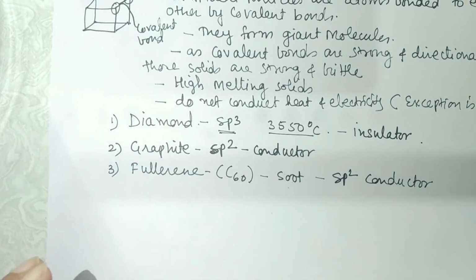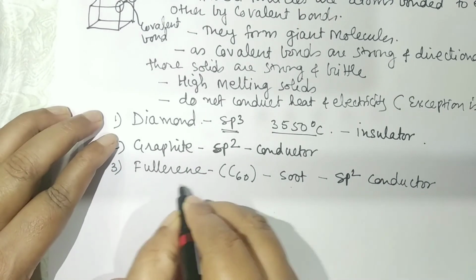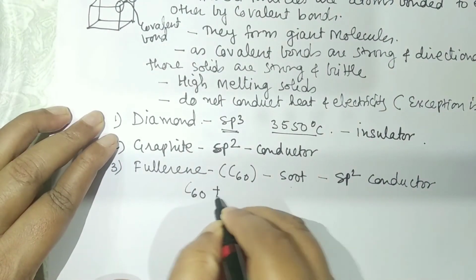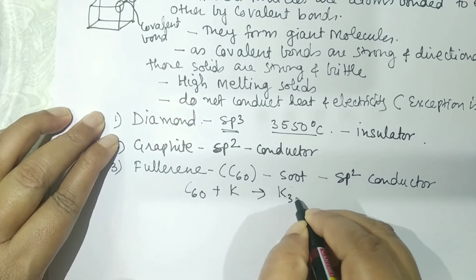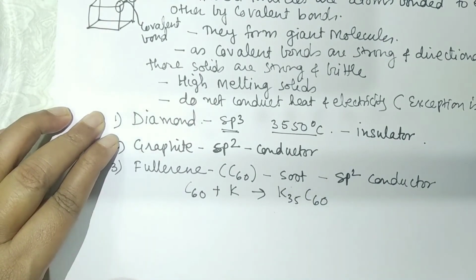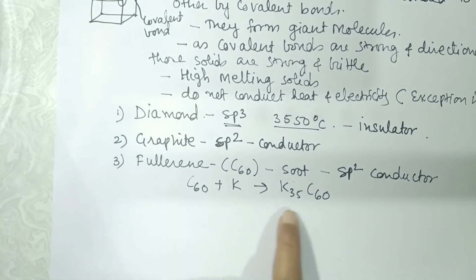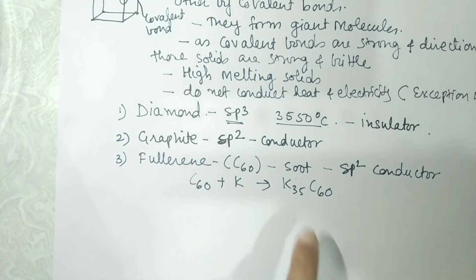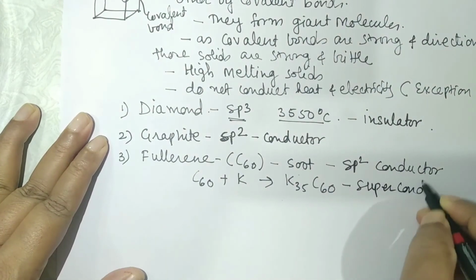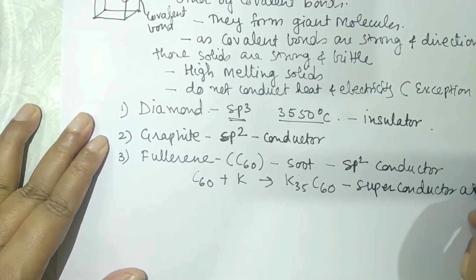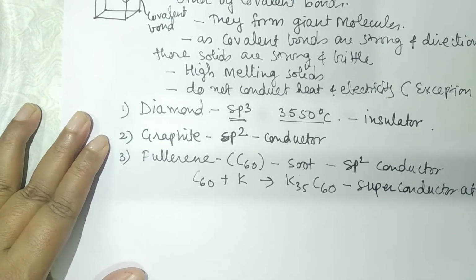It has 6-membered and 5-membered rings, that is hexagons and pentagons, which are attached to each other. Fullerene reacts with potassium. So this carbon-60 combines with potassium to form a compound that is K3C60. This compound is a superconductor of electricity at 18 Kelvin, means at a low temperature.